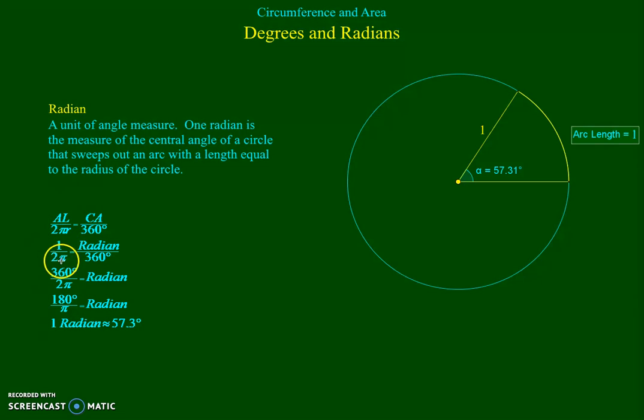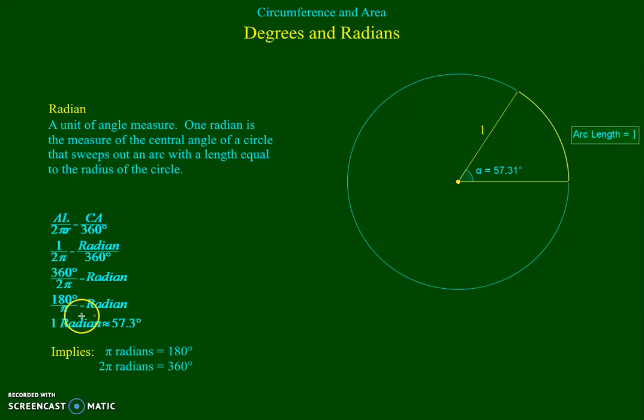So it's 1 over 2 pi equals 1 radian, that's the central angle, divided by 360. Now, if we solve for radians, then we multiply both sides by 360, and we have 360 divided by 2 pi, or 1 radian is equal to 180 divided by pi degrees.